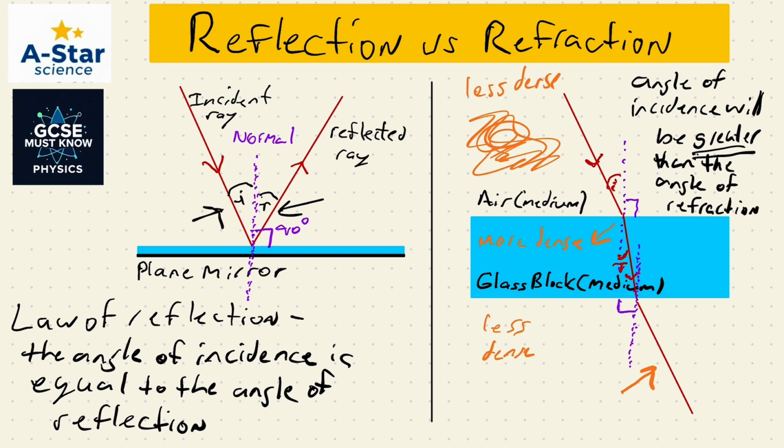Now, why is this important? Well, this is important because refraction can cause distortion. So, for example, if you had a person standing at the side of a lake, and here's our lake, and in that lake was a fish.